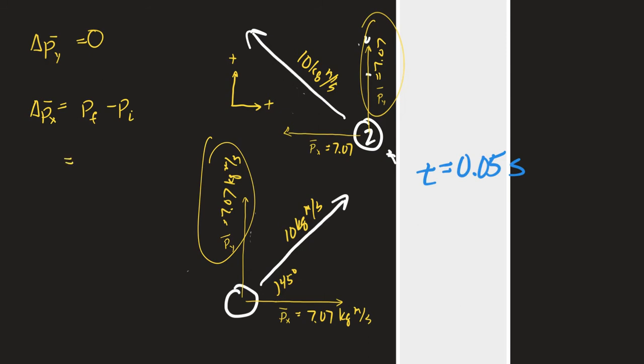So the final momentum in the x direction was negative 7.07 minus the initial momentum, which was positive 7.07. Looks like the total change in momentum is negative 14.07. I'm sorry, 14.14 kilogram meters per second.